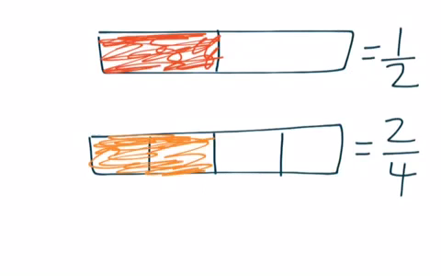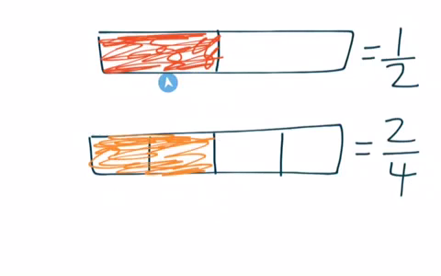Now, as you can see, it's shaded all the way to the middle. So 1/2 is an equivalent fraction to 2/4 because 1 is exactly half of 2 and 2 is exactly half of 4. Just because we split them up into more pieces or smaller pieces, when we get them at the end it's exactly the same.